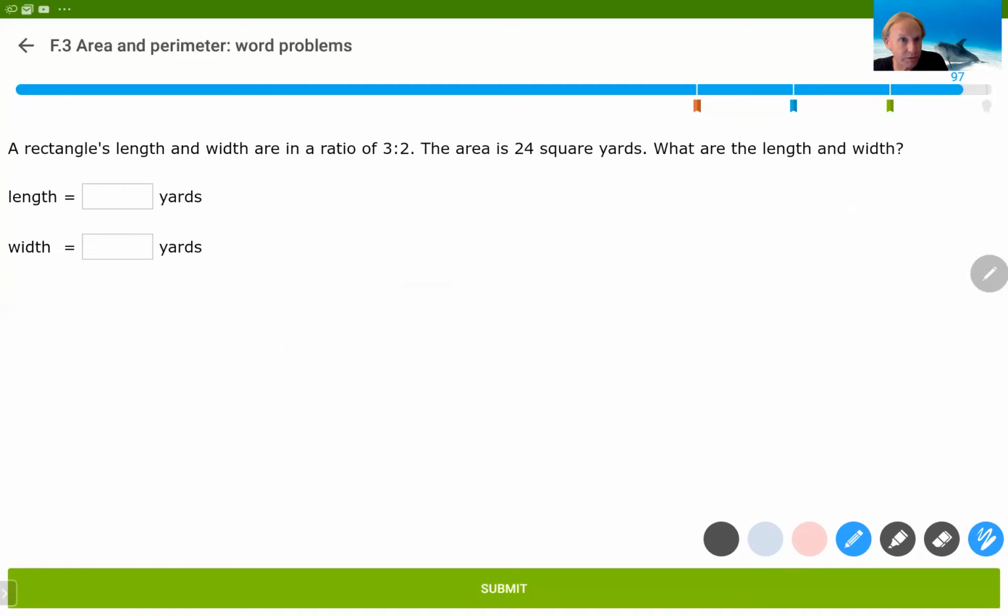Maybe one or two more. Okay, same deal. We have a ratio of 3 to 2. That means you have a total of 5 shares. It says that the area is 24. So in this particular case, I'm going to trial and error it a little bit. 24 could be 3 by 8. And that does have the 3 in it, but it certainly is not 3 to 2, is it?